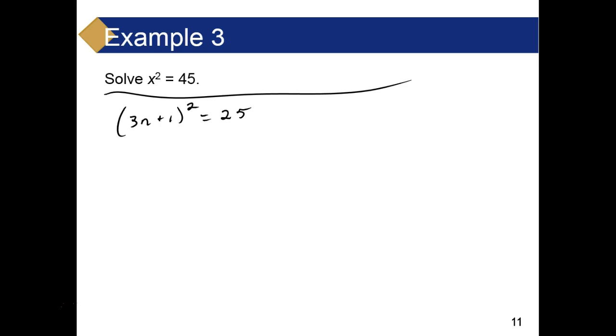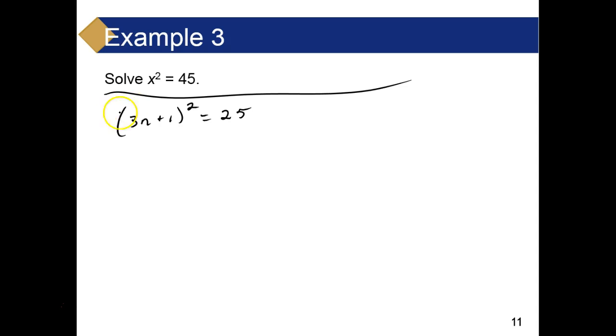x² = a, we have a new tool in our pocket, don't we? Because this is a perfect square, and what's even better? That's a perfect square. So what can we do? What's our technique? If you have a perfect square, how do you undo it? Take a square root of both sides.